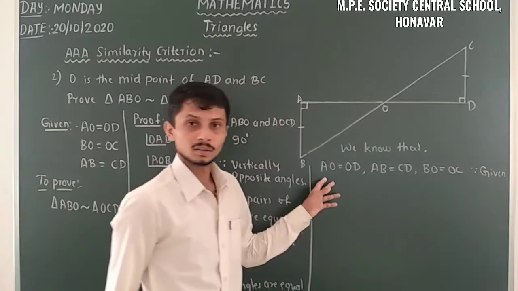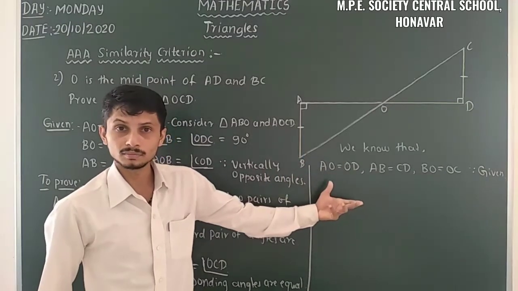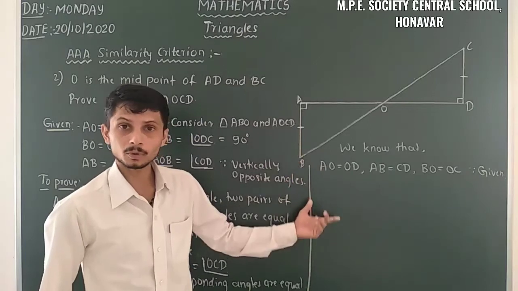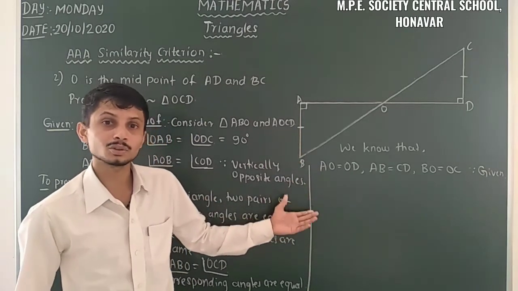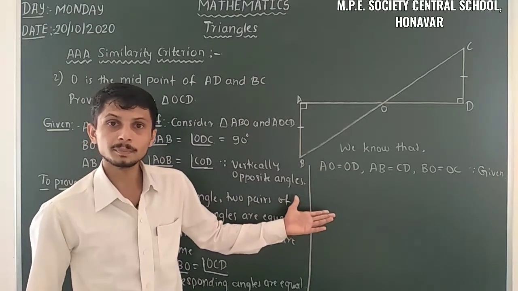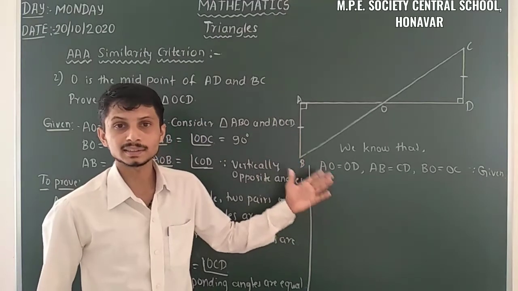So here the corresponding sides are equal. When we take the ratios of those sides, we easily get one by one. So in this case the corresponding sides are proportional.